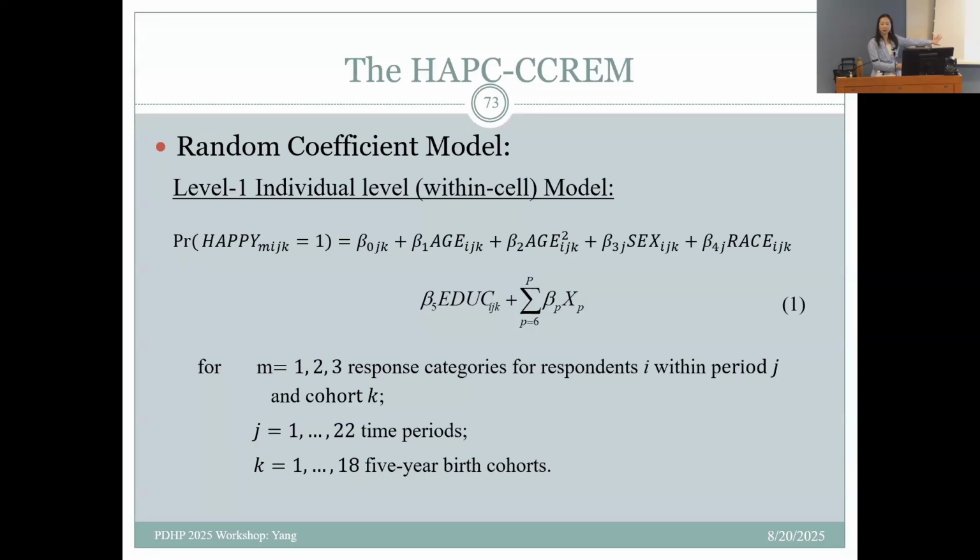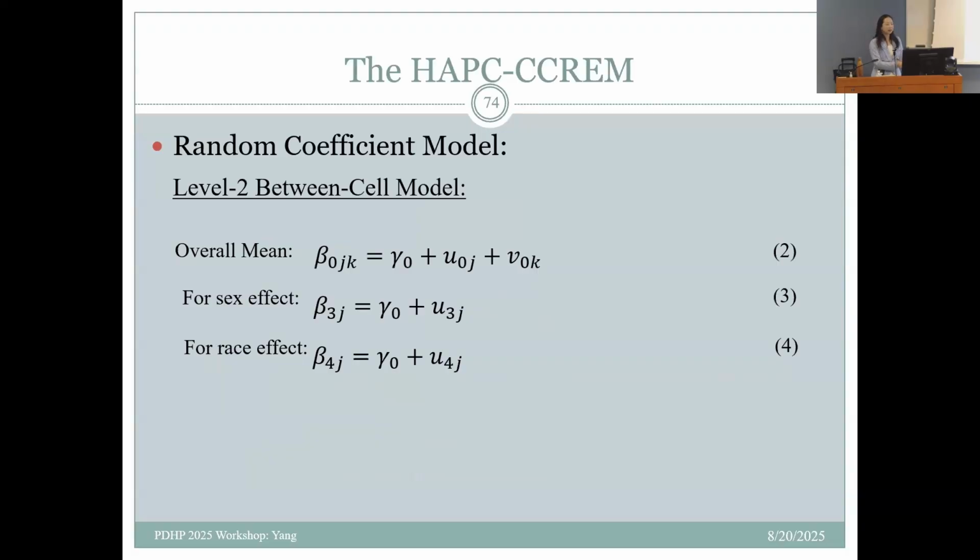It has exactly the same data structure as the obesity data across 22 surveys. And at level 2, this is the familiar random coefficient model where we look at the overall mean. It has both period and cohort components. But for sex and race, we focus on the period changes in sex and race effects.